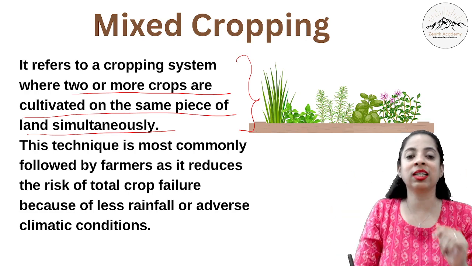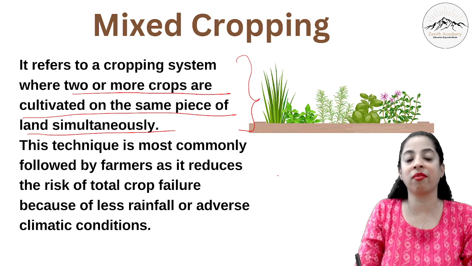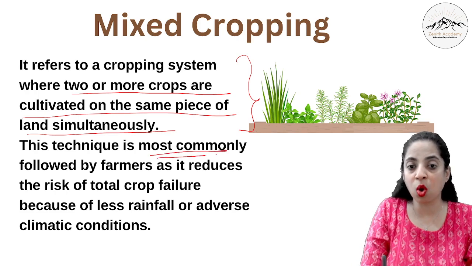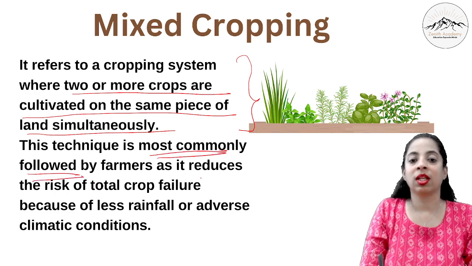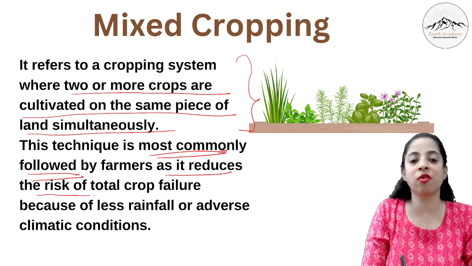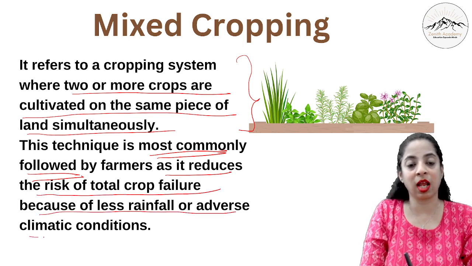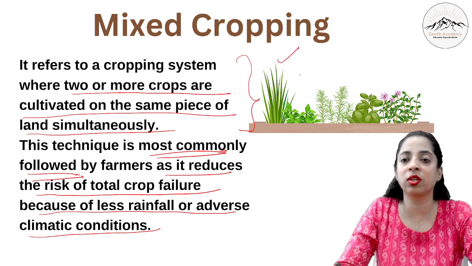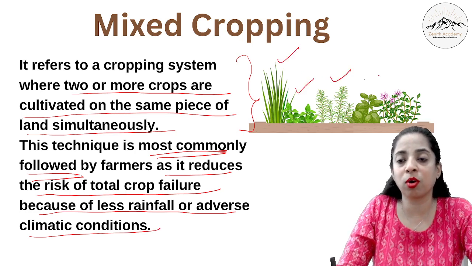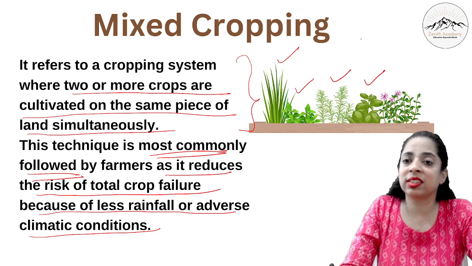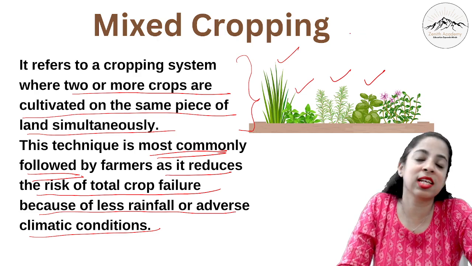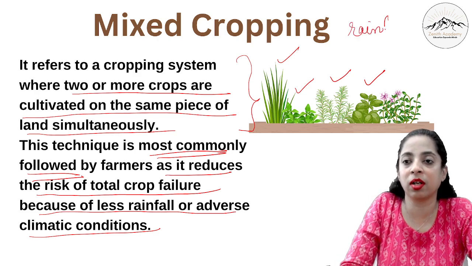Now this technique is most commonly followed by farmers, as it reduces the risk of total crop failure because of less rainfall or adverse climatic conditions. Suppose you are growing maybe 1, 2, 3, 4 plants, and there is less rainfall in that particular season.